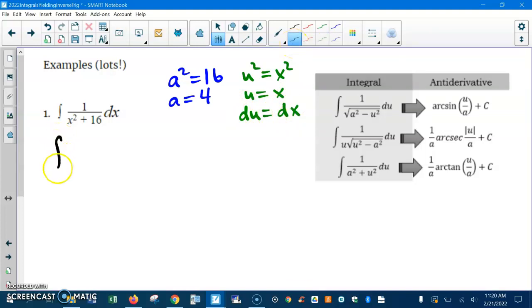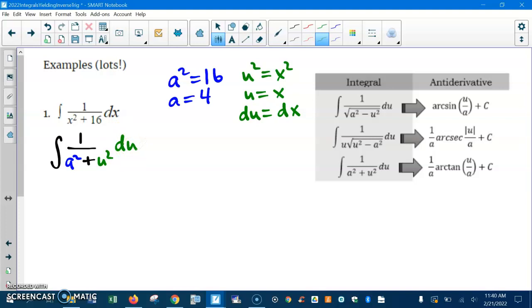So we can start to substitute our form here. So this turns into 1 over a squared plus u squared, and then the dx and the du swap out, and we have the form of 1 over a squared plus u squared du.